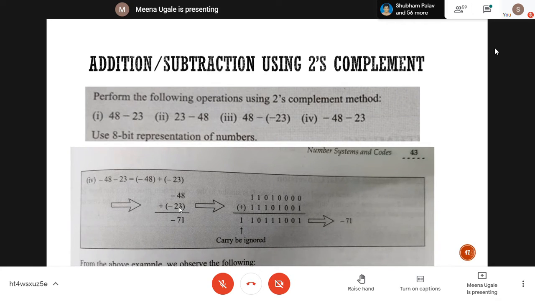I hope you all have understood these 4 cases. I'm showing it with the same example so that you will understand. I'm taking only 2 numbers, 48 and 23. When do you have to use 2's complement? When it is negative, minus. This example is from the RP Jain book.